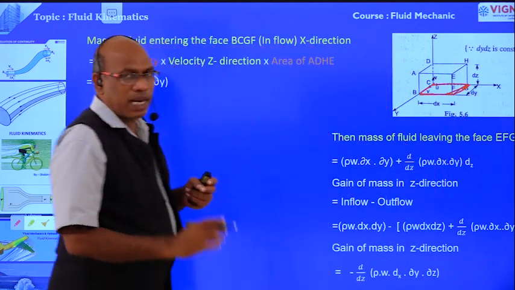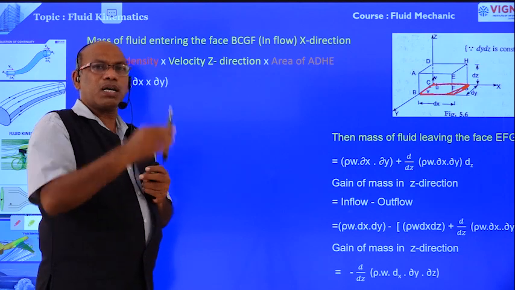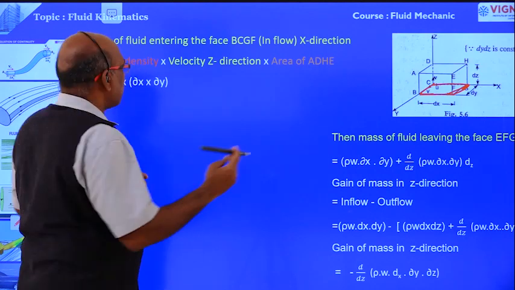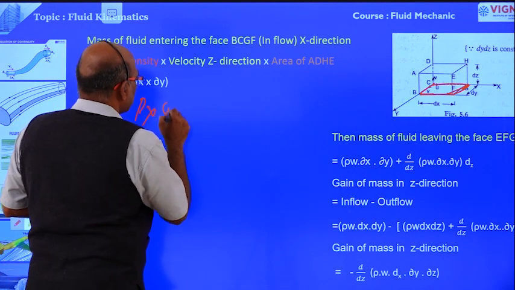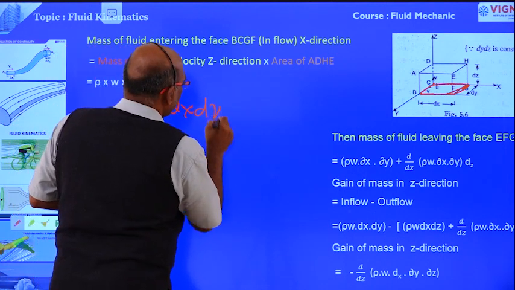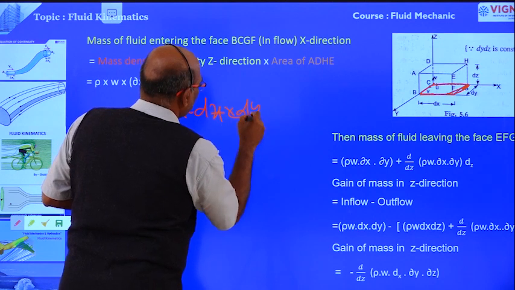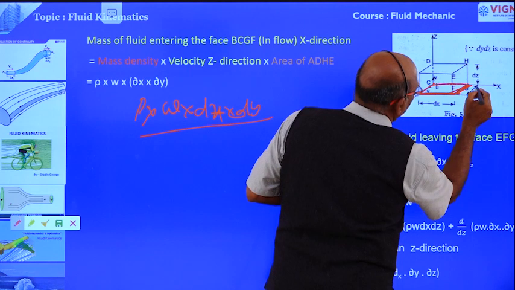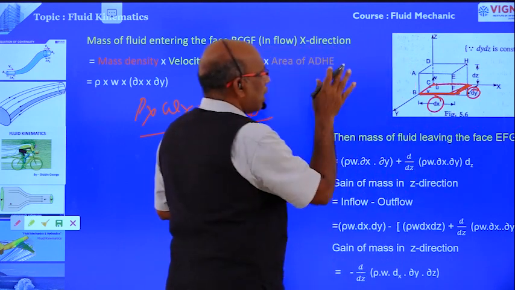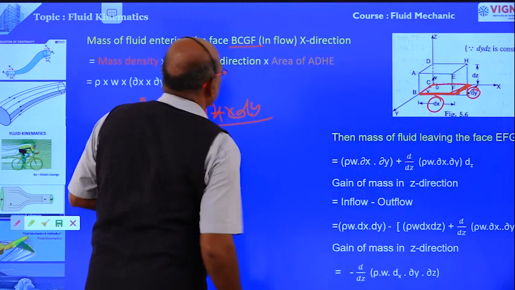Right? In the z direction, mass of fluid entering in z direction is equal to same formula, rho into velocity in z direction, w, into dx into dy. This is the area, dx times dy, that is the area of the face BCGF.